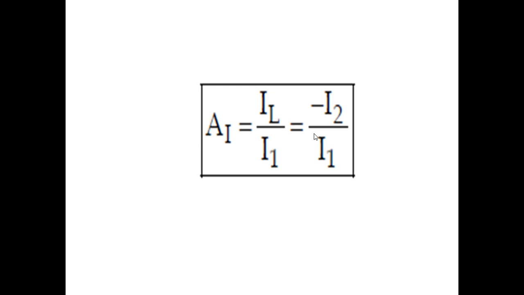Generally, the gain should always be positive, not a negative value. So here the minus sign indicates 180 degrees phase shift between output signal and input signal. Okay, is it clear now?